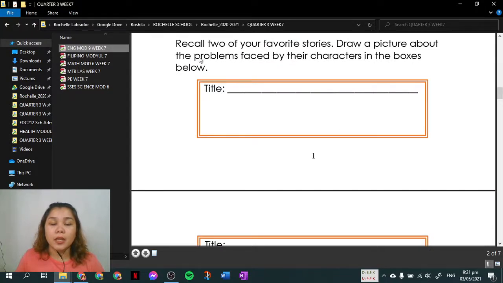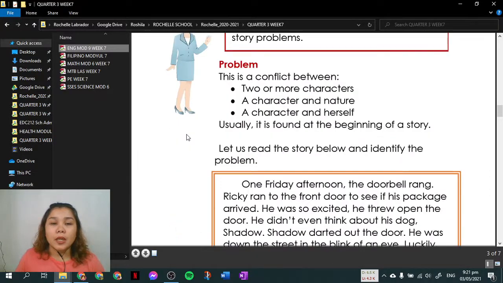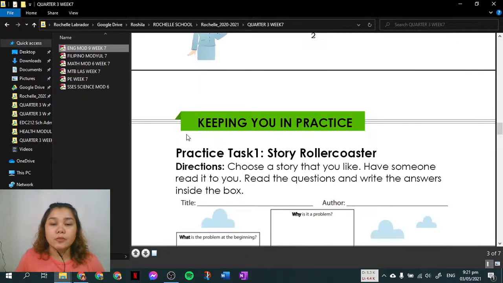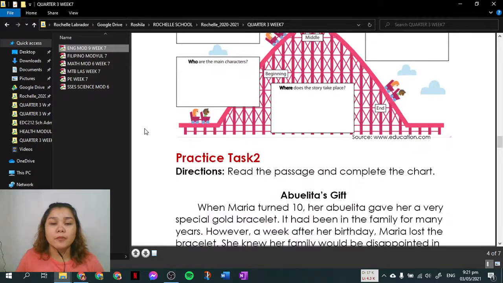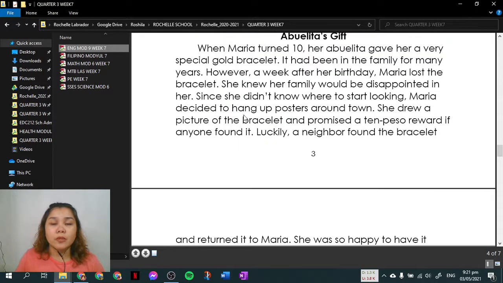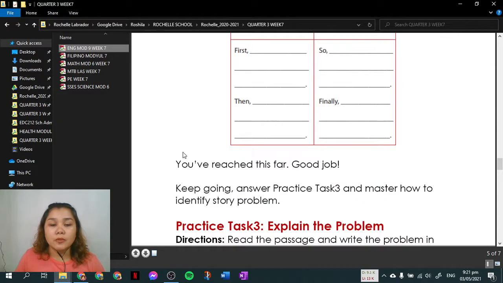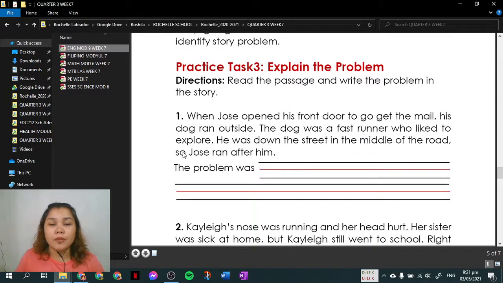So any story that you can recall. You need 2. And then there's the discussion, and then the practice task, beginning with 1, and then 2, I'll be the one to read this story in the lesson video, and then practice task 3.